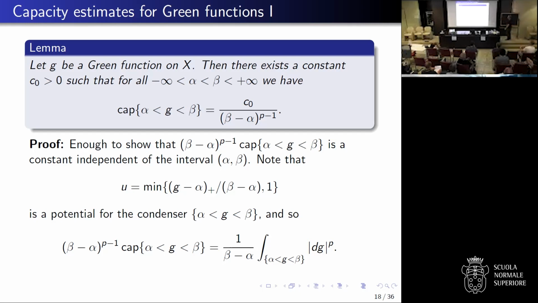So the super-level set of beta will play the role of our compact set: this is the set where the function is greater equal beta. And if you go to infinity, the function becomes smaller, so you should think of the sub-level set of alpha as something like this. This notation refers to the condenser that you have in between here.